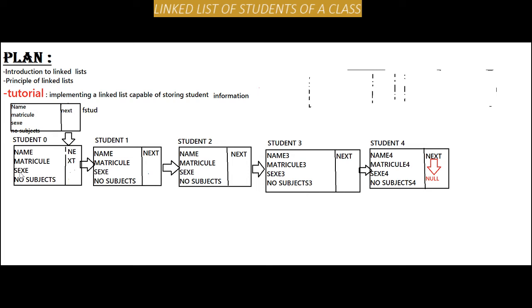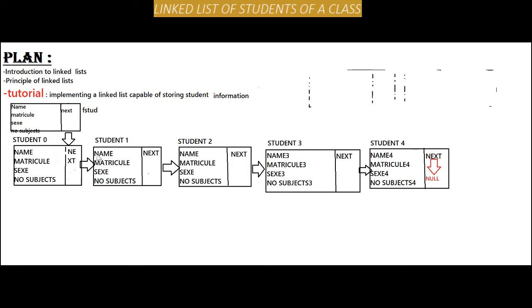It can contain multiple data types. And the last member, the pointer in the structure, is actually a link to the next student of the list.